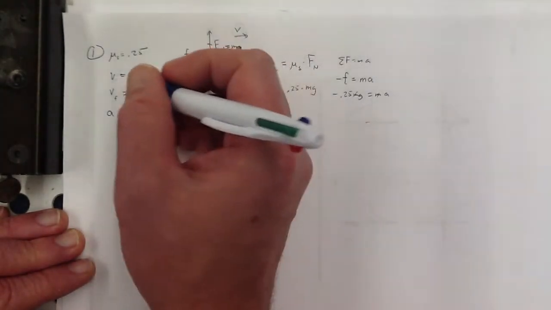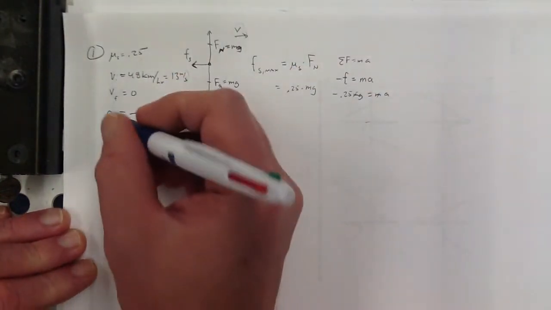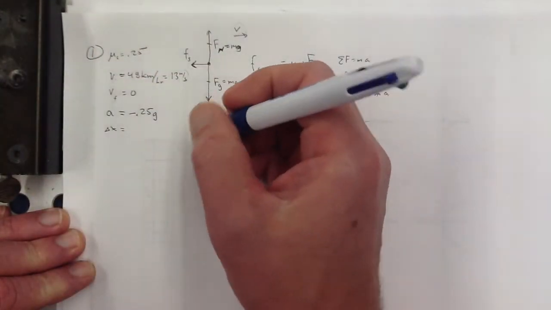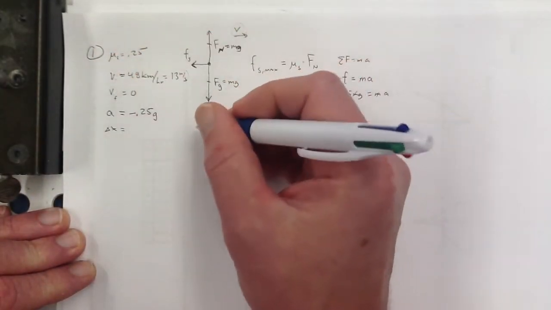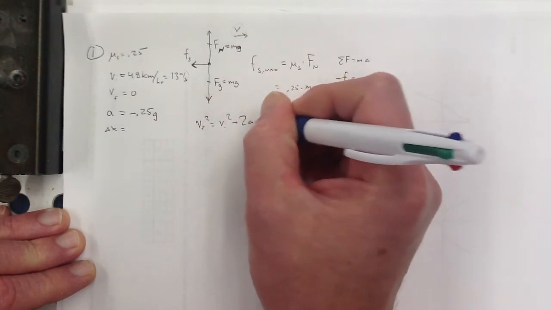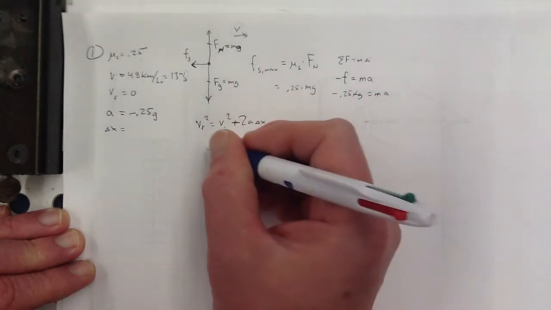And what are we looking for? What's the stopping distance? How short a distance? So we're looking for that. And then back to kinematics again. That looks like Vf squared equals Vi squared plus 2a delta x. So Vf, that's 0.